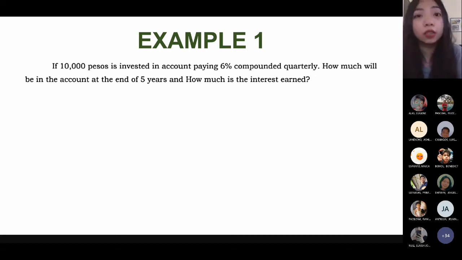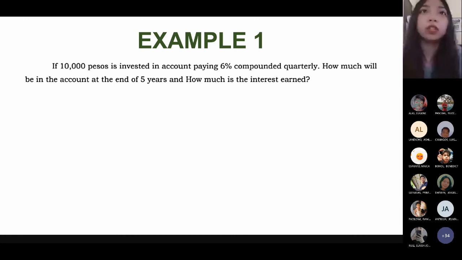Alam natin ang gagawin dito. To convert it into decimal form, you just need to directly divide it by 100. So 6 divided by 100, you will get its decimal form. And then, after that, it is followed by compounded quarterly. So we saw the word compounded quarterly. Ibig sabihin, meron kang value ng C, pero hindi siya specific na number.